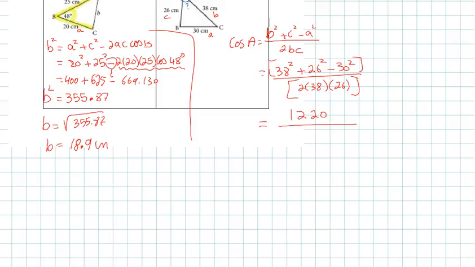Now divide the two. 0.6174. Okay. Am I done? No. Second function, cos inverse.